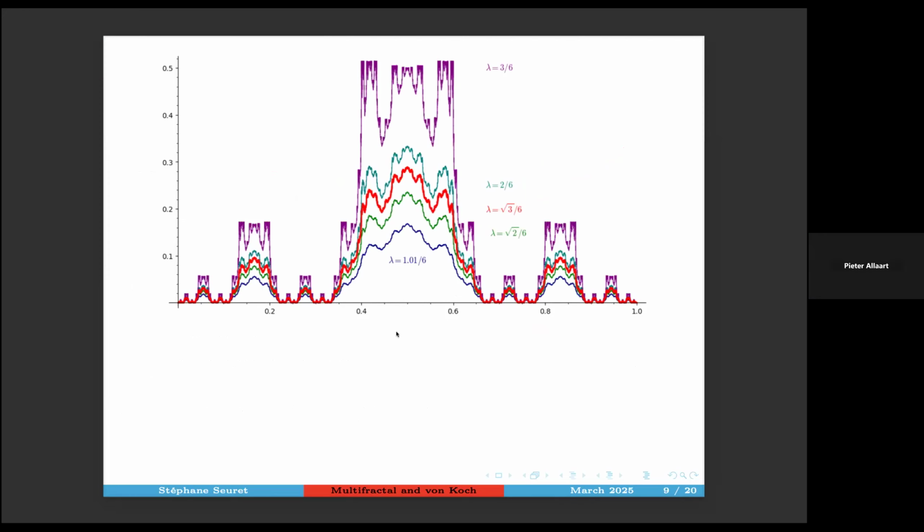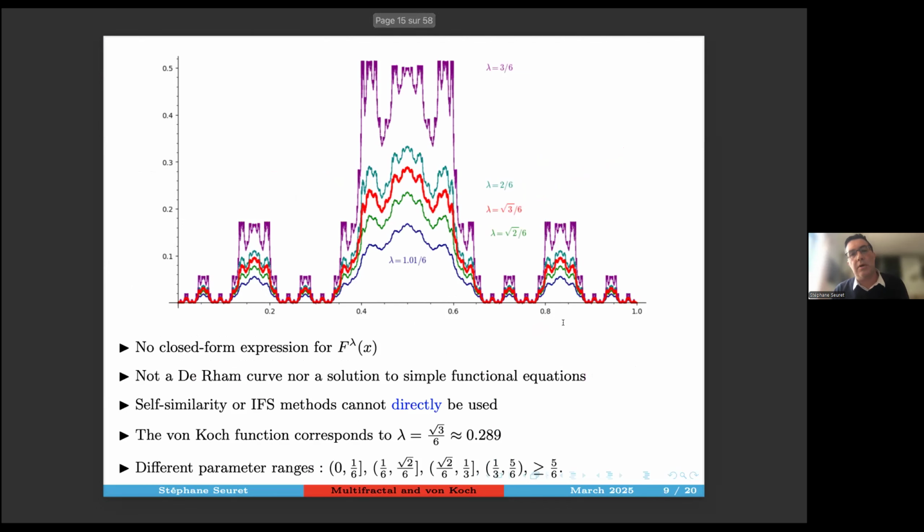So we have 1/2, 1/3. The parameter lambda equal to square root of 3 divided by 6, the red one, corresponds to the original Koch function. And then you have different critical parameters. What is quite interesting with this function is that there is no closed form expression for f lambda.